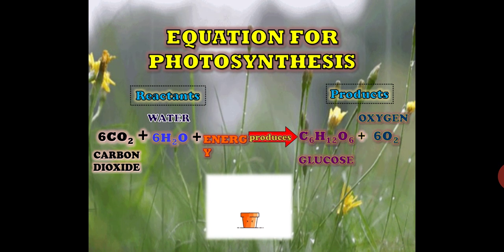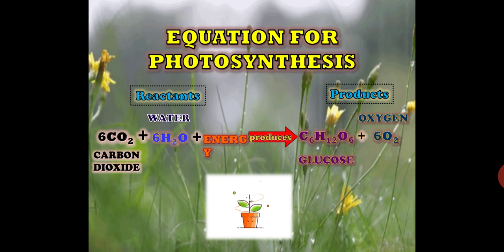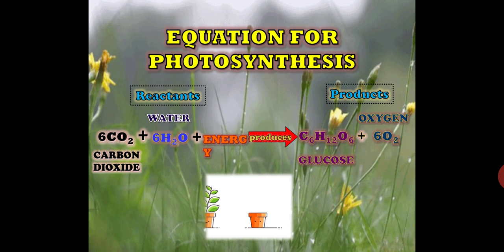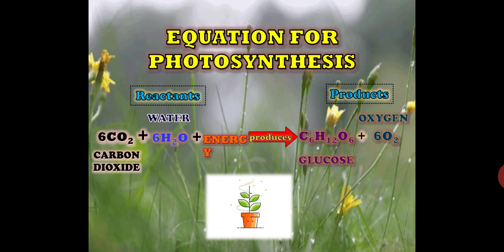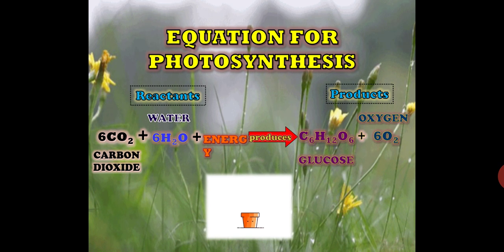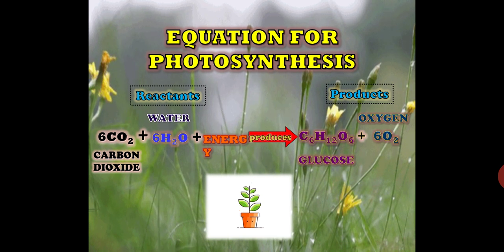Then, our second question kanina, what conversion of energy takes place? The light energy from sunlight is converted to chemical energy and forms glucose. Next question, what organism do photosynthesis? Autotrophs.